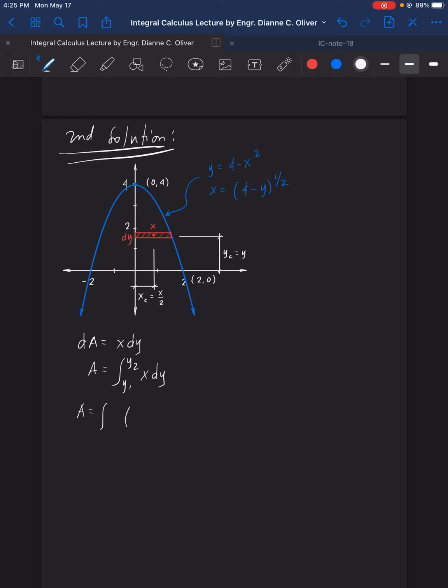Therefore, we'll put here 4 minus y raised to 1/2 dy. Limits are y1 should be lower than y2, and since we are considering this area only, the lower y1 is 0, and the upper y2 is 4.